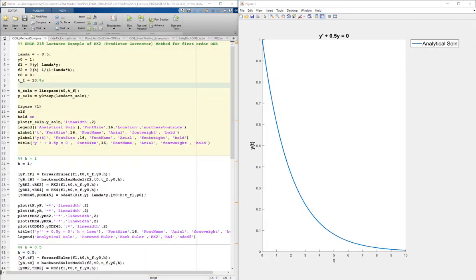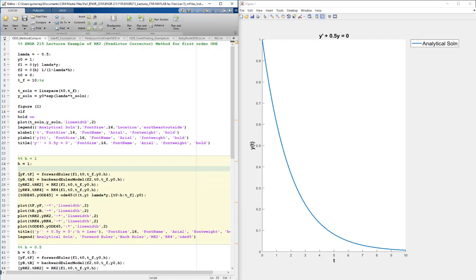What I'd like to do now is compare all of the numerical methods that we've talked about so far. That's our forward Euler, backward Euler, Runge-Kutta 2, and Runge-Kutta 4, and let's compare these all at a step size of h equal to 1 second. And let's compare that to the analytical solution.